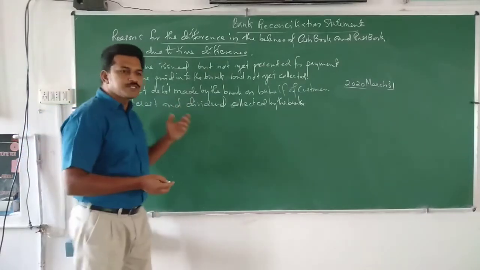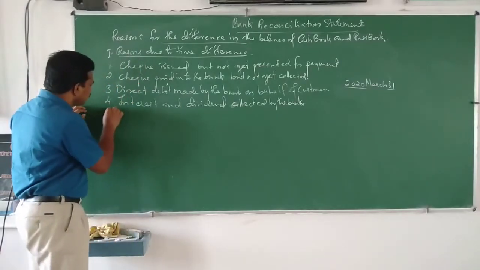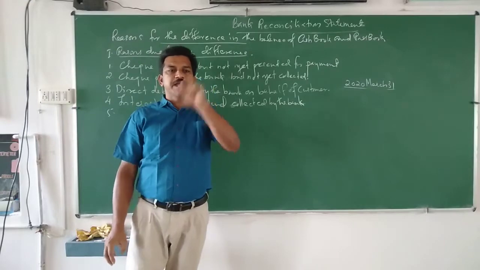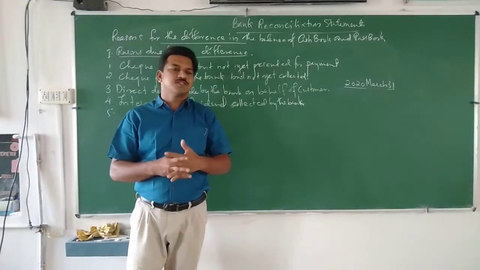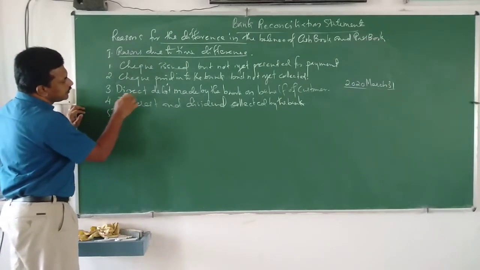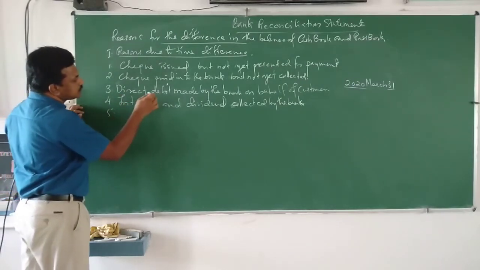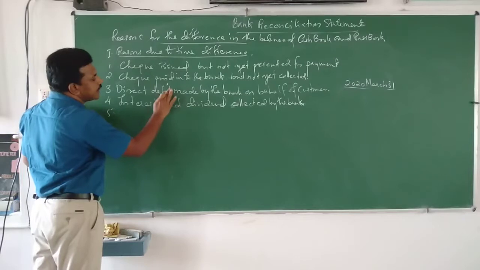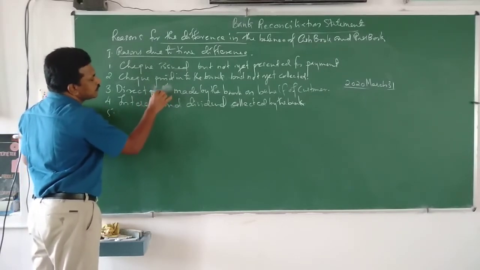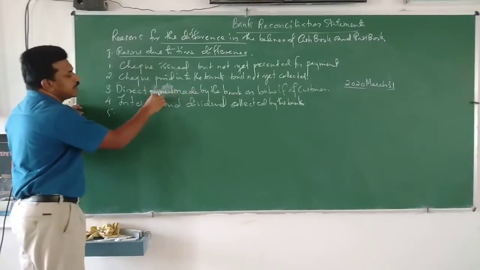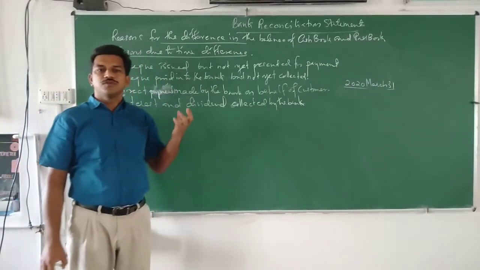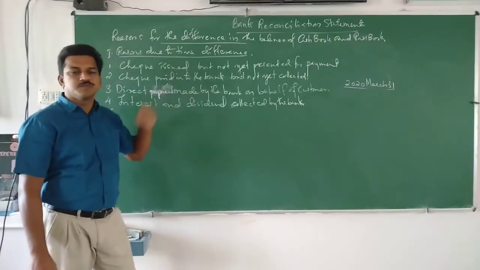The next, the fifth point, we can say is direct payments made by the bank on behalf of the customers. Here we can take direct payment, because we have spoken regarding payment of rent and payment of insurance premium or something like that.